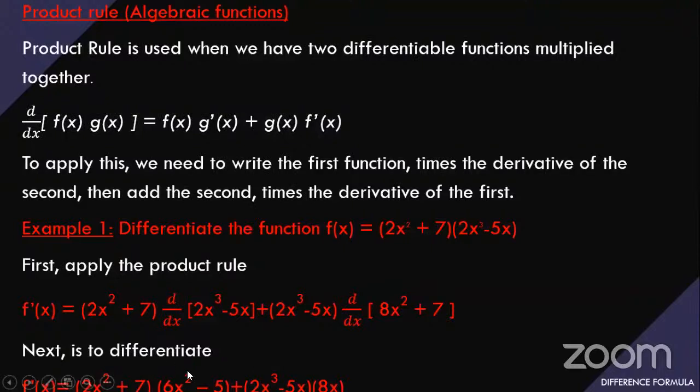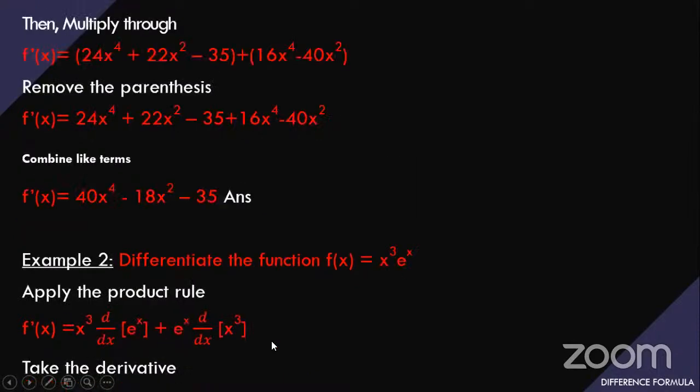So probably when you are done, you could shift it up so that we can be able to see your f prime of x to be equals to 2x squared plus 7, bracket open 6x squared minus 5 plus 2x cubed minus 5x, and bracket open x. So I think you should move it up a bit. Okay, sir. I'll do that, sir. Should I do it now or I should proceed? When you are done, not now.